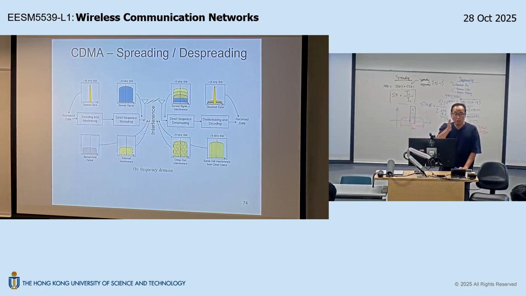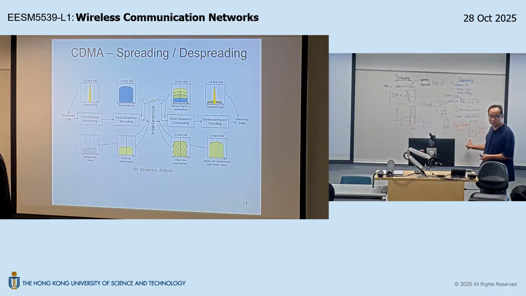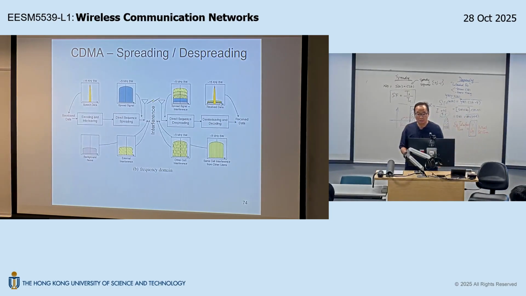I chop a symbol into 64 pieces. The price I have to pay is 64 times higher bandwidth cost. And the reward I get is this interference suppression factor, 1/64 times. Is that okay? So this is, from a frequency domain, top level intuitive explanation, why spreading and despreading give you this interference protection.